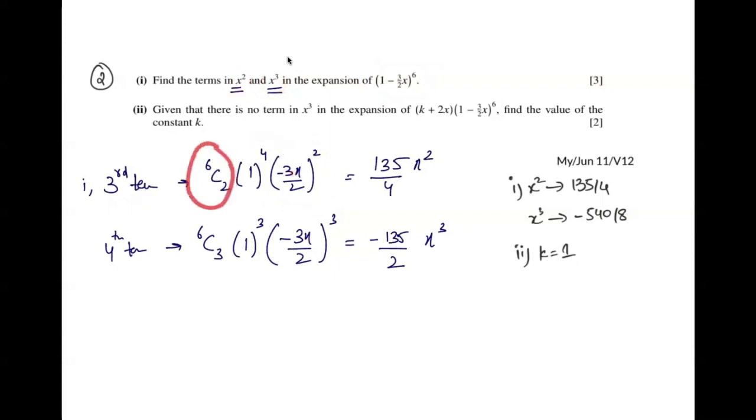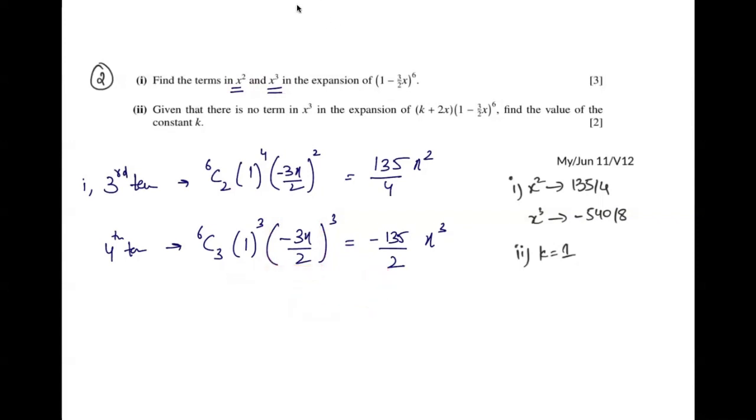Multiply this result and you're going to get 135 upon 4 x squared. And when you solve this for the fourth term, that is the term in x cubed, 6c3, 1 to the power of 6 minus 3, second term to the power of 3, you're going to get minus 135 upon 2 x cubed.